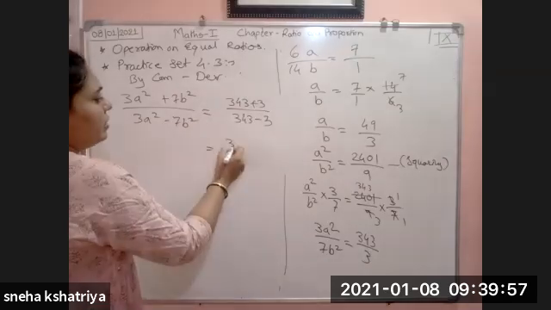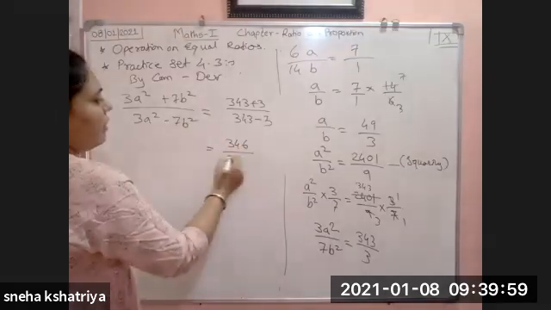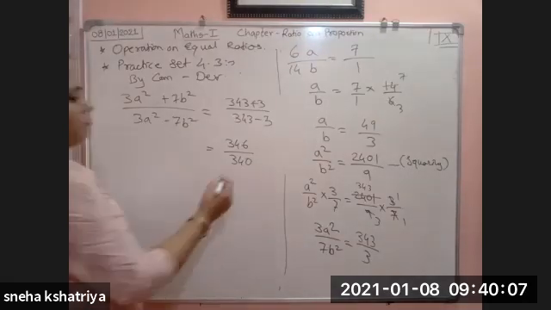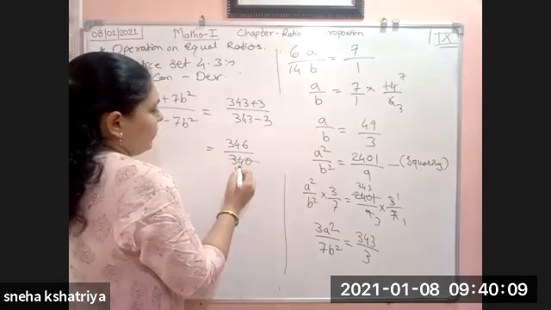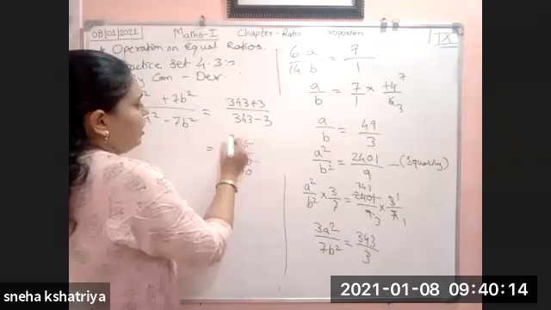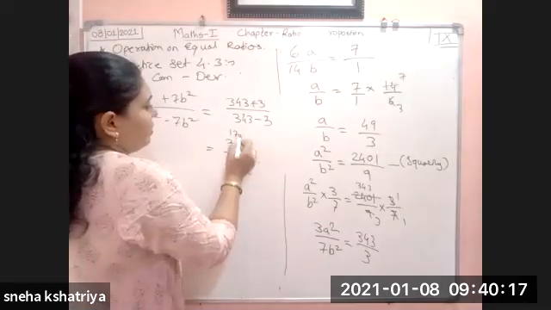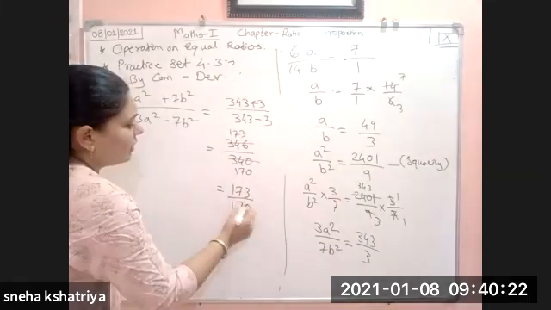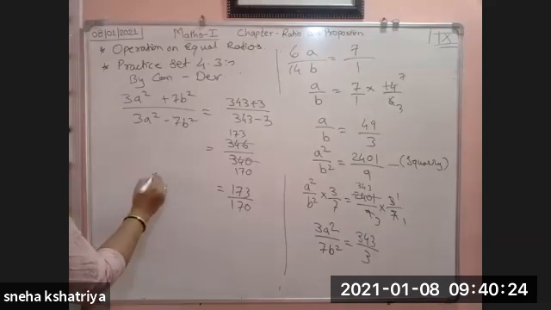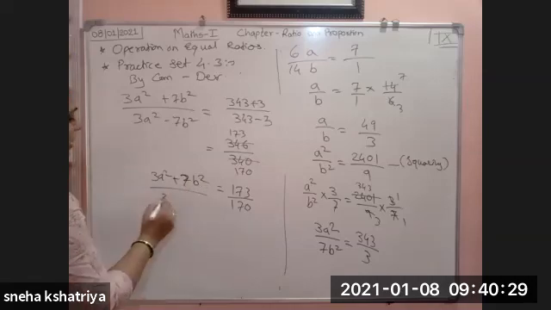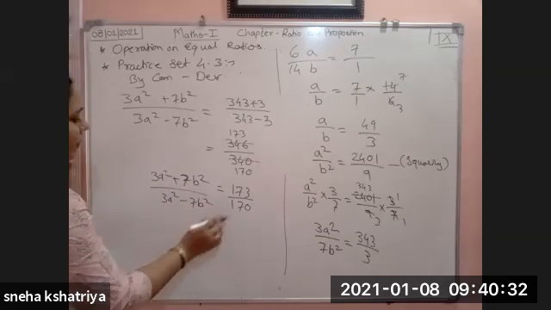So what we get, 346 divided by 340. Okay, this can be reduced by using 2. 170. Okay, 170. Here 173. So this we get the final answer as 173 upon 170. So what is the value of 3a square plus 7b square divided by 3a square minus 7b square?